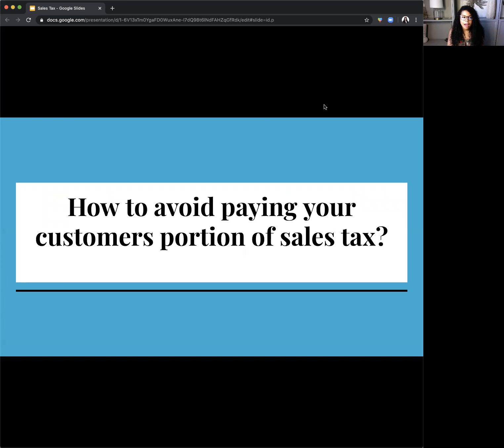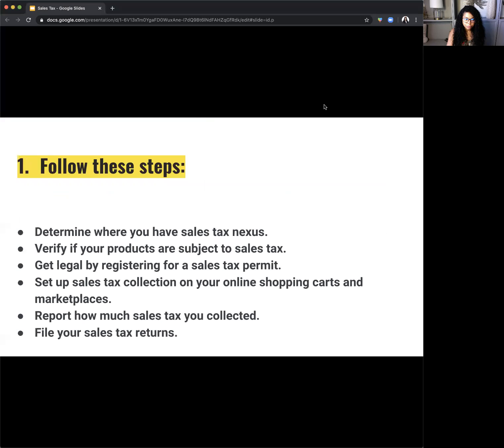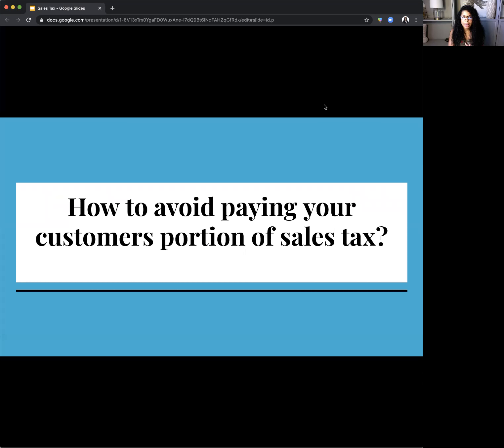Okay, so how to avoid paying your customer's portion of sales tax. It's quite simple. And before we go there, I want to talk about how this can impact you from a number standpoint. Say you're selling $1,000 worth of product a month. $1,000 times 12 is $12,000.